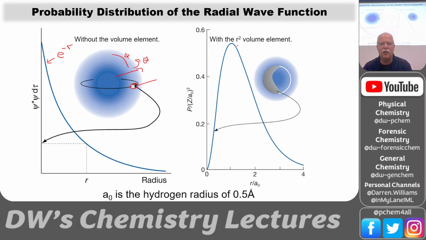And so there's this r squared volume element that has to be taken into account. And when you take into account that there's 0 volume at the nucleus for that electron to occupy, the wave functions curve around and go back down to 0 at the origin. Okay. And so that leaves us with a most probable, right here, MP, a most probable radius.